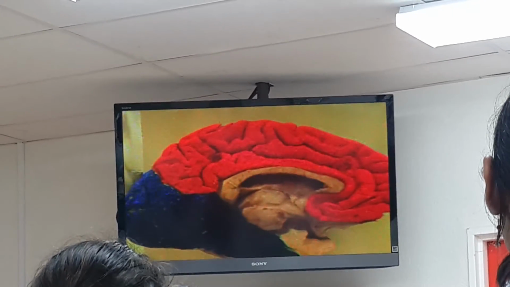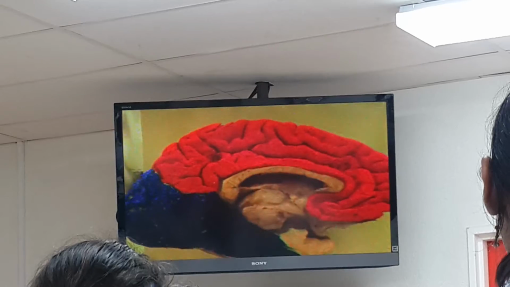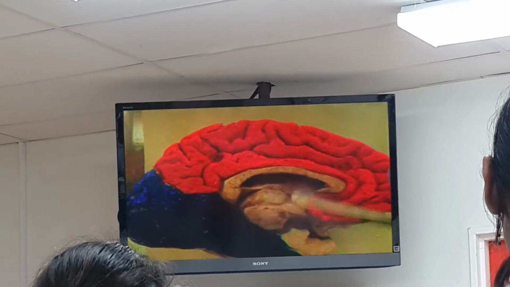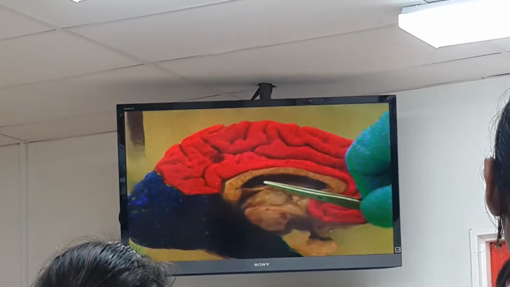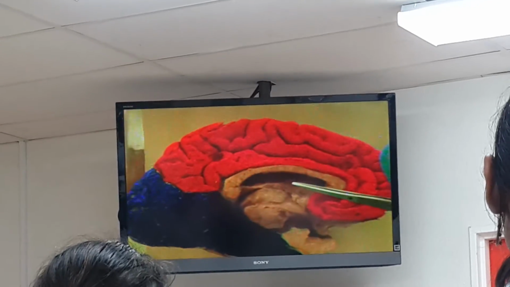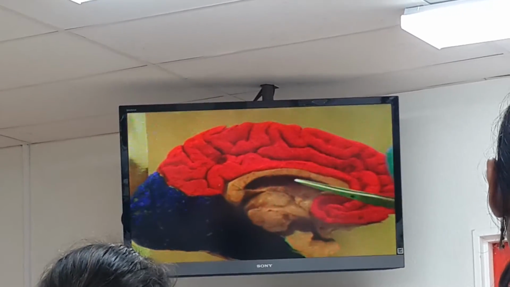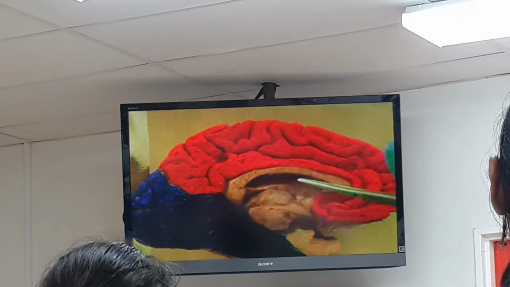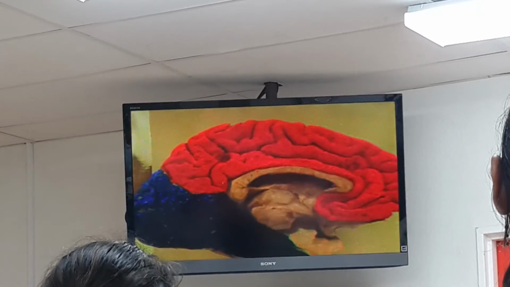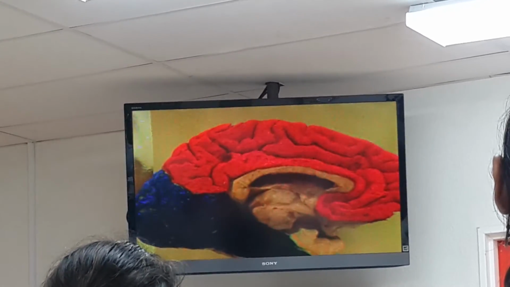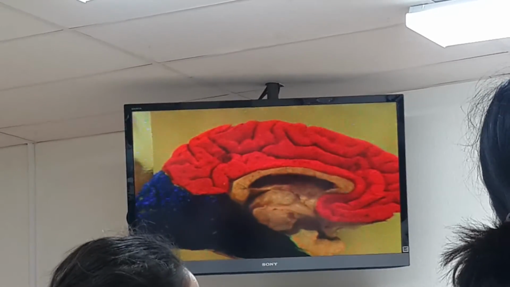So the caudate nucleus lies in the floor of the anterior horn and the floor of the central part. Here, one big bulging, one elevation will be there. I think you cannot see clearly on the screen; if you come here, you can see clearly later.